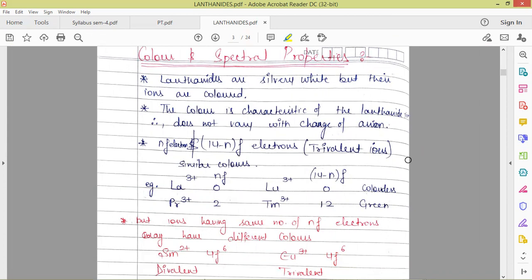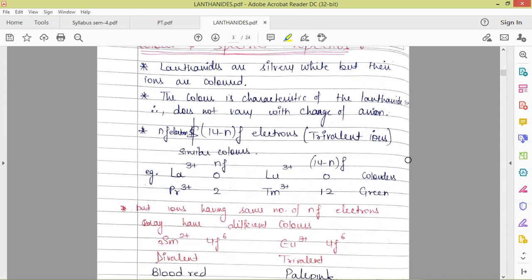Say we have praseodymium fluoride, praseodymium sulfate, praseodymium bromide. All have the same color because the color is not specific to the anion. It is specific to the lanthanide cation. So this is the property of lanthanides.